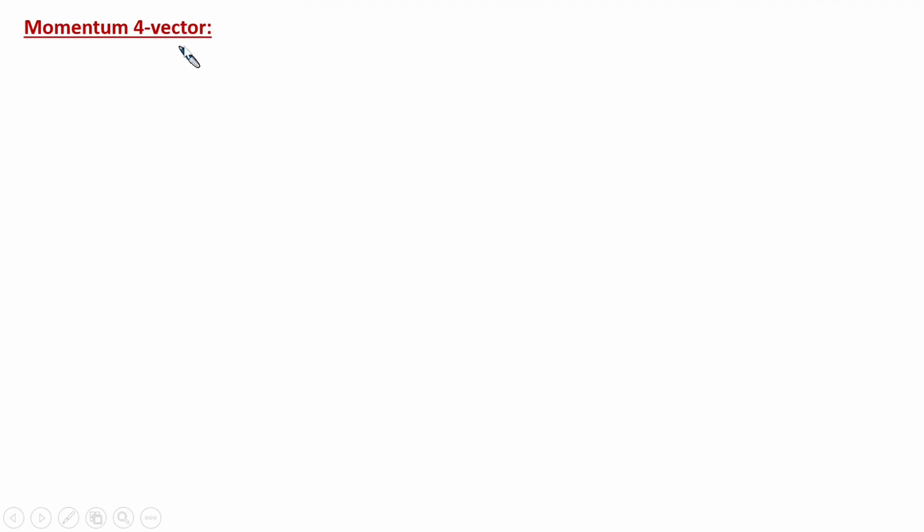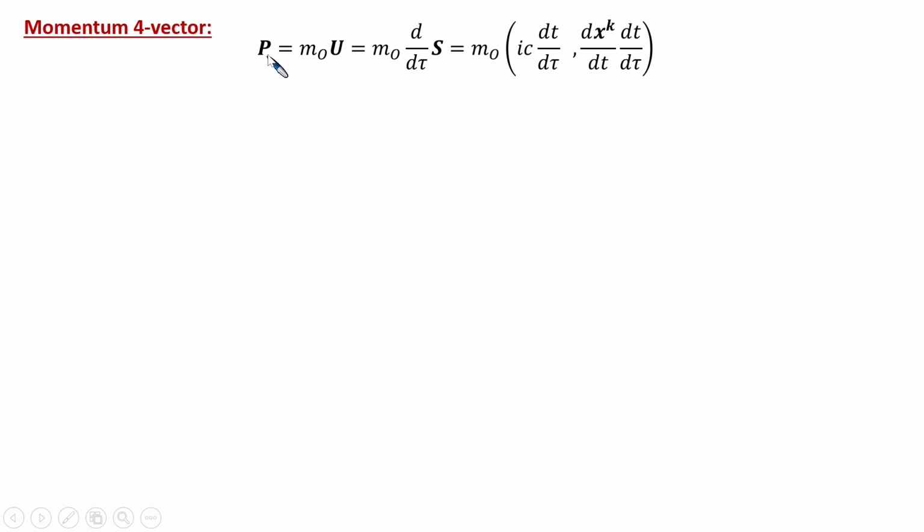Now we will discuss the momentum 4 vector. The momentum 4 vector is the rest mass m0 times this 4 velocity vector, which is ds by d tau. So I can write again ic dt by d tau, and similarly the derivative of position xk with respect to tau.